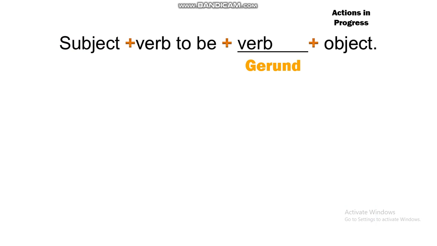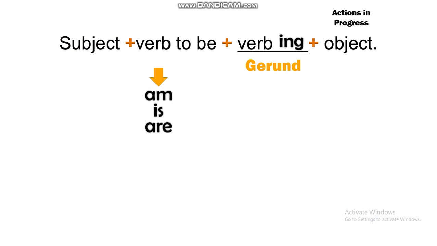It's the person who does the action, or the people who do the action. And then we have the verb to be, which is is, are or am, plus verb plus ing, plus the object, which is the rest of the sentence. Verb plus ing, we call it gerund.